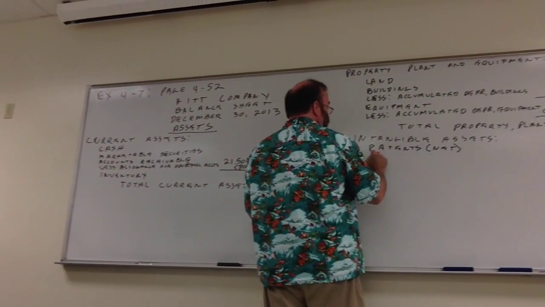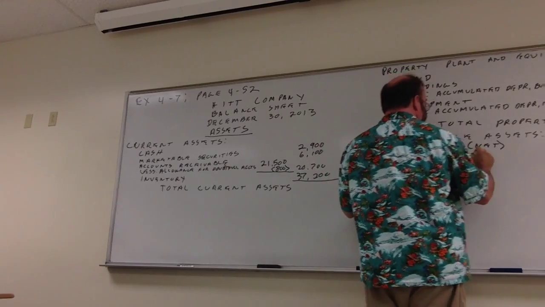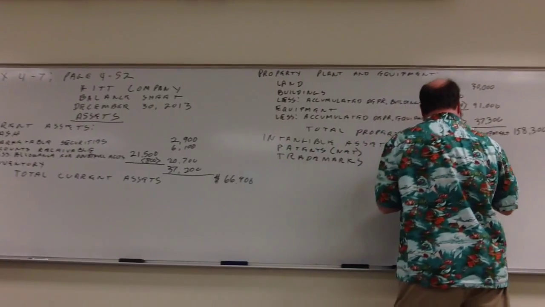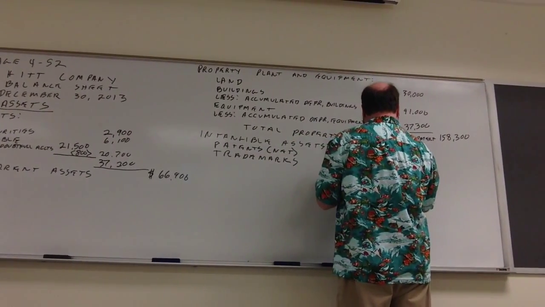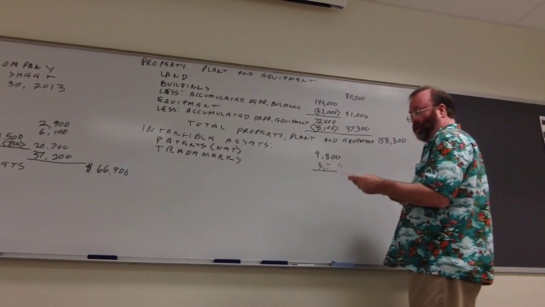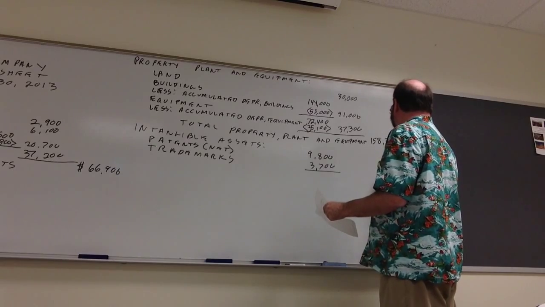And then the other intangible is a trademark, $3,700. That's a total for total intangible assets of $13,500.